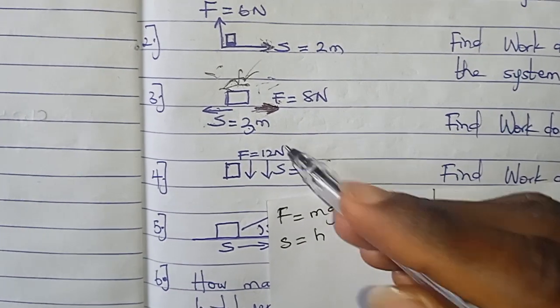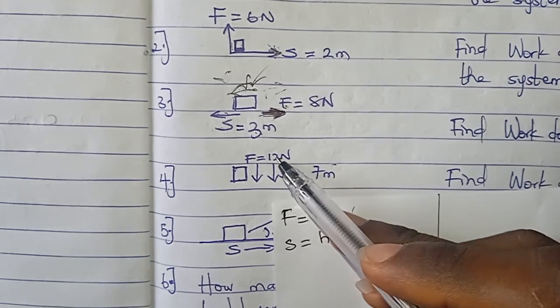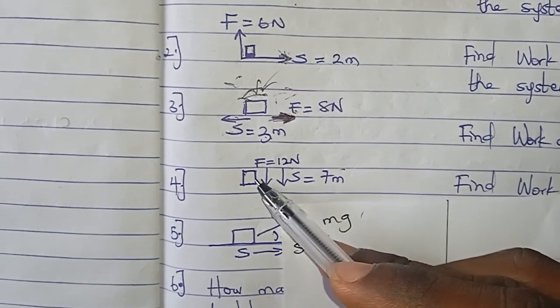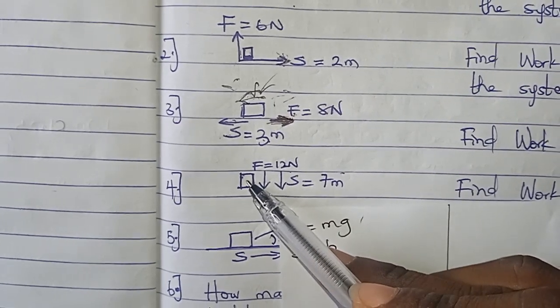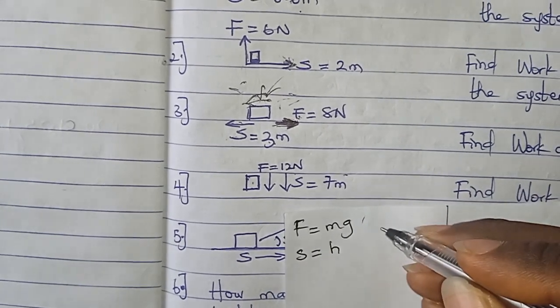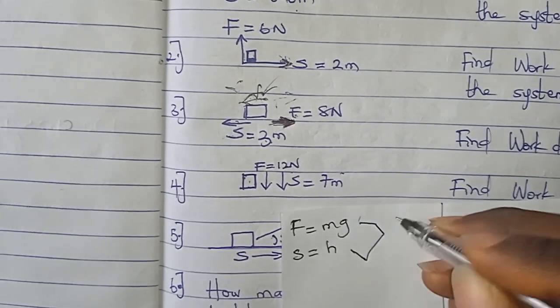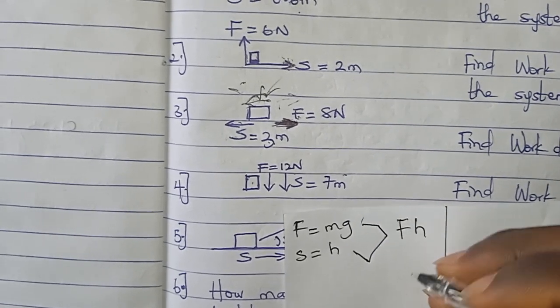So which means that over here, in this case where they gave us this to be 12 Newton, they are supposed to specify the mass, but since it's not given and they give us force, we can just say in this case what we are going to simply use is just F times h.